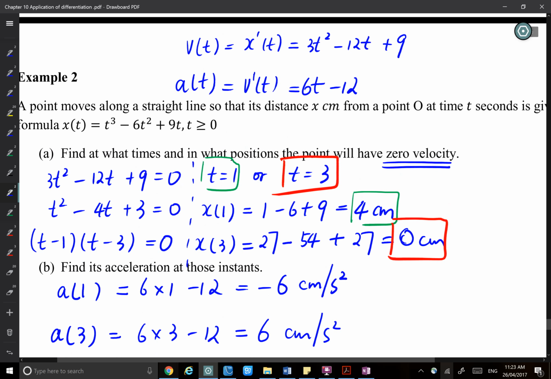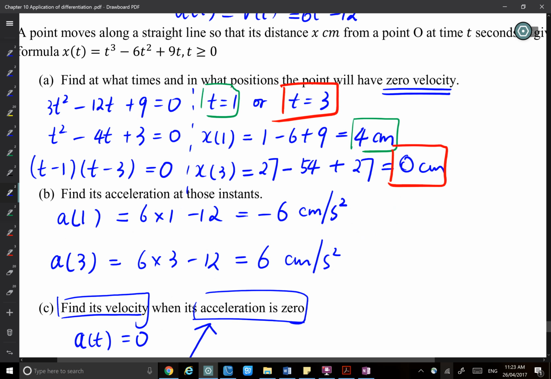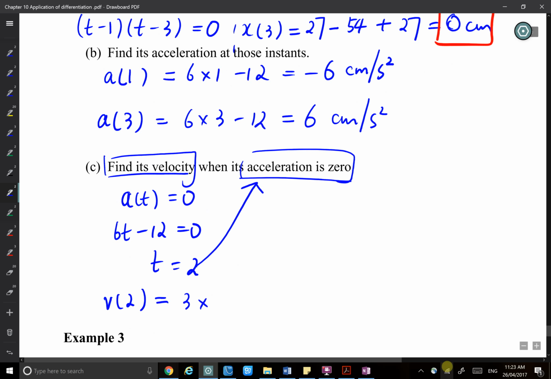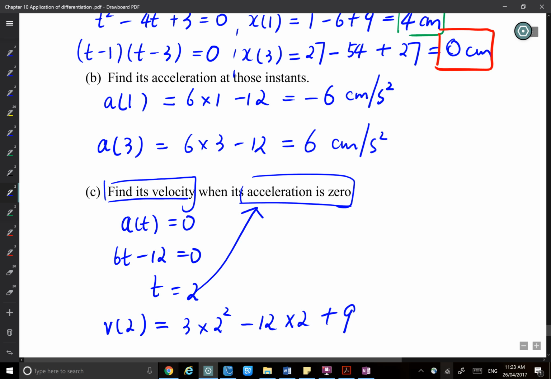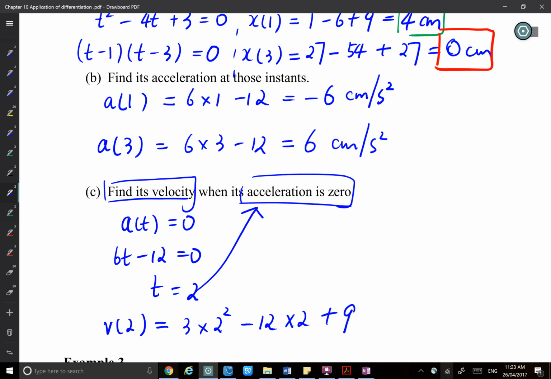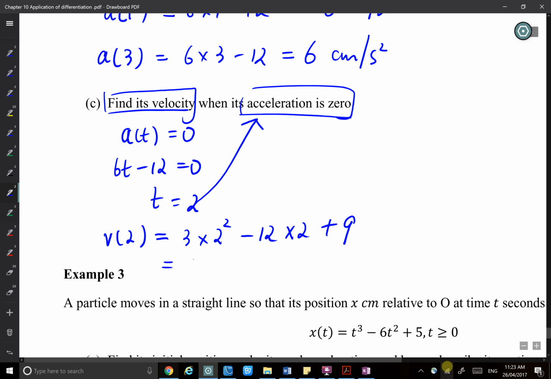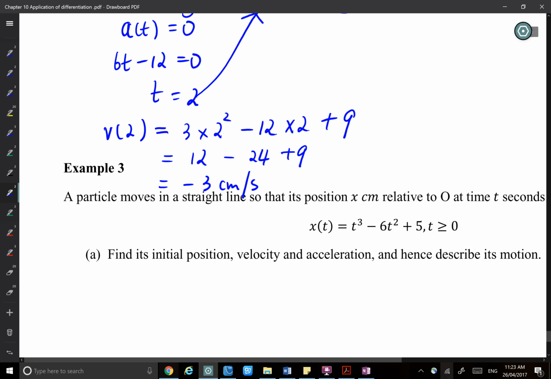So v(t) is 3t squared minus 12t plus 9. That's 3 times 2 squared minus 12 times 2 plus 9. That's 12 minus 24 plus 9, which is minus 3 centimeters per second.